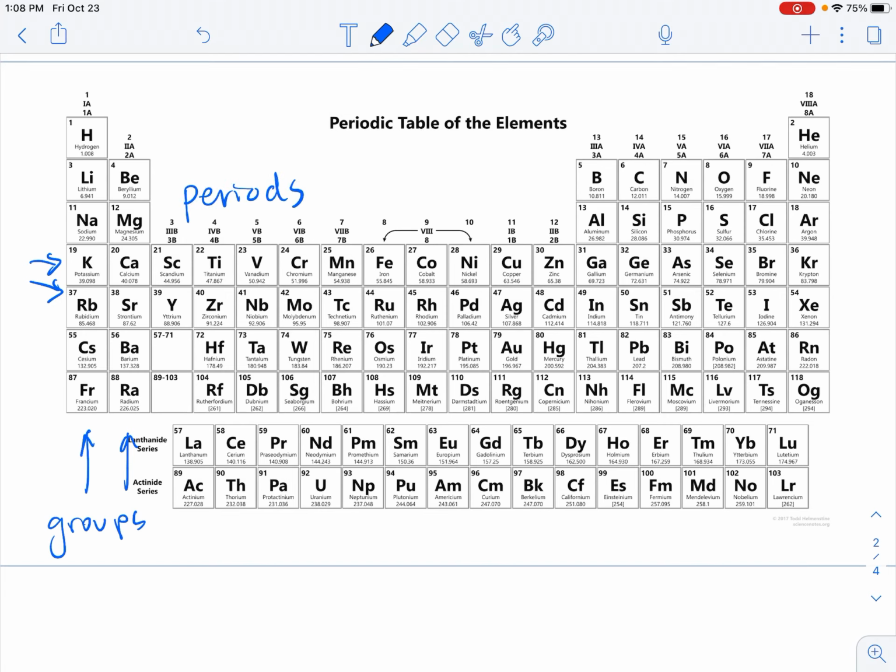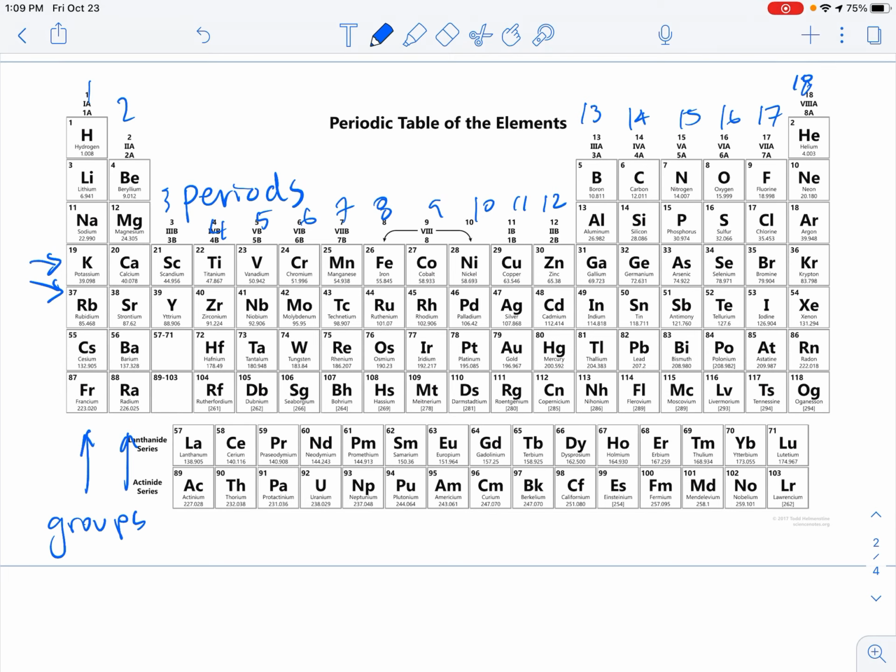The groups and periods are numbered, so you can see that here. In the groups, they have this 1A, 2A system. I usually just go 1 through 18, so 1, 2, 3, 4, 5, 6, 7, 8, 9, 10, 11. There you go, oopsies. That's 18 different groups in the periodic table.